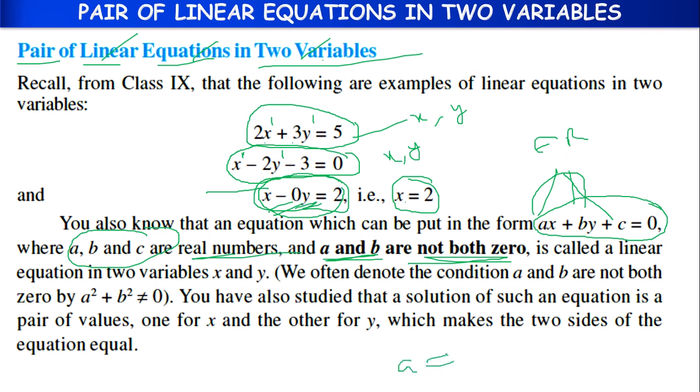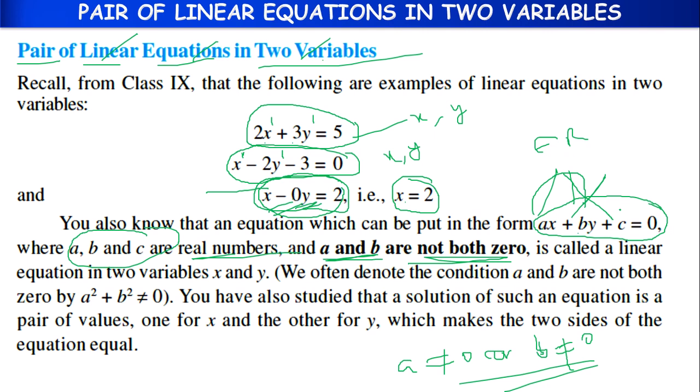Means a is not equal to 0 or b is not equal to 0. Out of these two conditions, one condition should hold. At least one of them, out of the coefficient of x and the coefficient of y, should be not equal to 0. Then it will be called a linear equation.